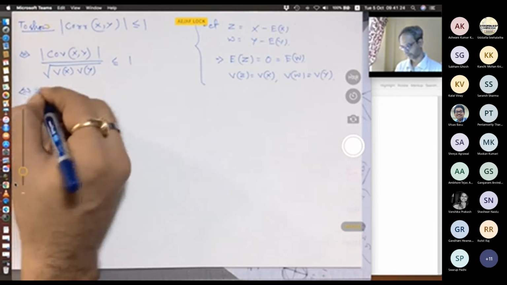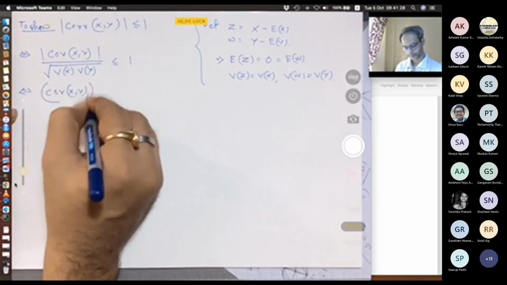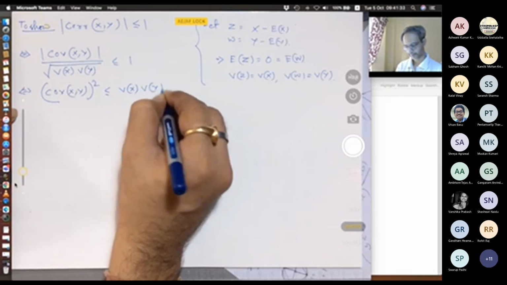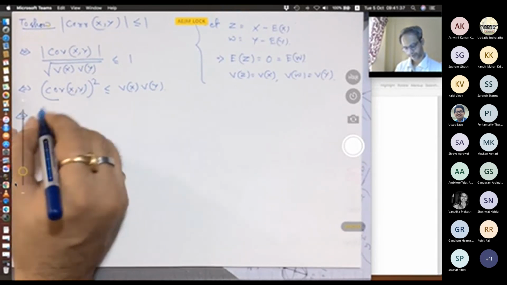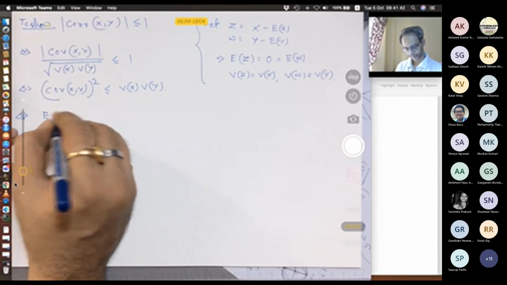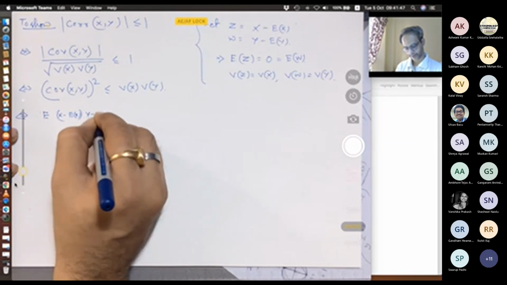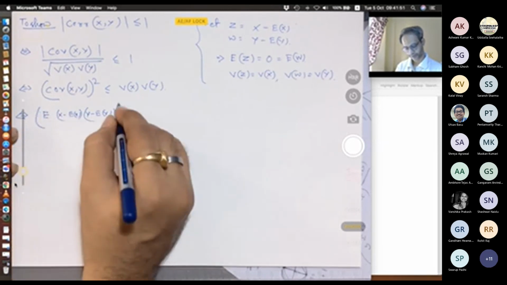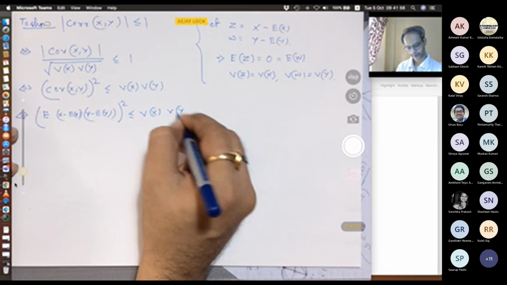That is equivalent to showing covariance of XY square is less than or equal to variance of X into variance of Y, and that quantity is again eventually showing that expectation of (X minus expectation of X) into (Y minus expectation of Y), this quantity whole square, is less than or equal to variance of X into variance of Y.